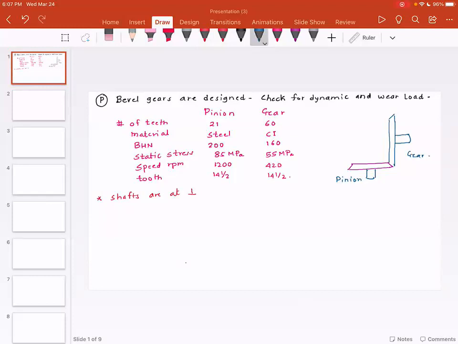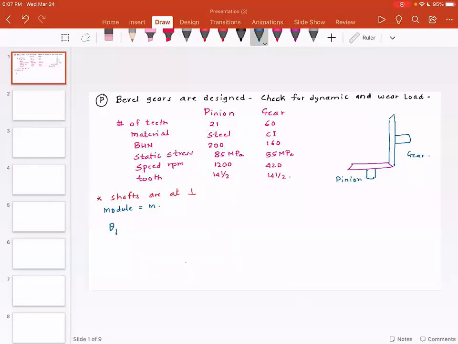Now we are going to assume M is equal to module. And then I'm going to find the values of the pitch angle, or the semicone angle, for the pinion and for the gear.